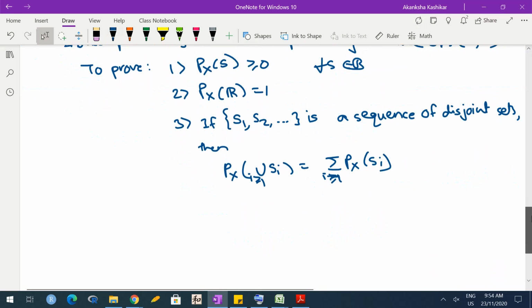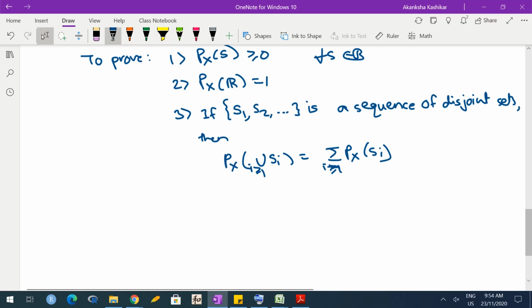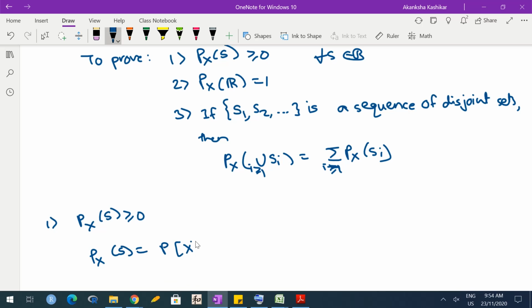So let us try to prove this. The proof is actually just rewriting what we know, so it's not difficult. So first thing we want to prove is Px of S is greater than or equal to 0. Now what we know, Px of S is the probability of X inverse of S, and P we already know is a probability measure.